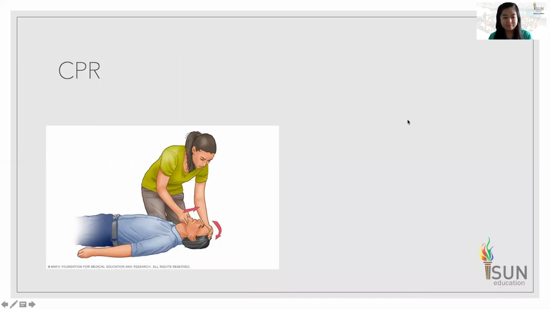Okay, now last but not least is about CPR. I have students asking me, hey, so when you do CPR, is it you're just breathing out carbon dioxide for that person? We just learned about it, right? We breathe out 17% oxygen, so there's still oxygen left to give to the other person.